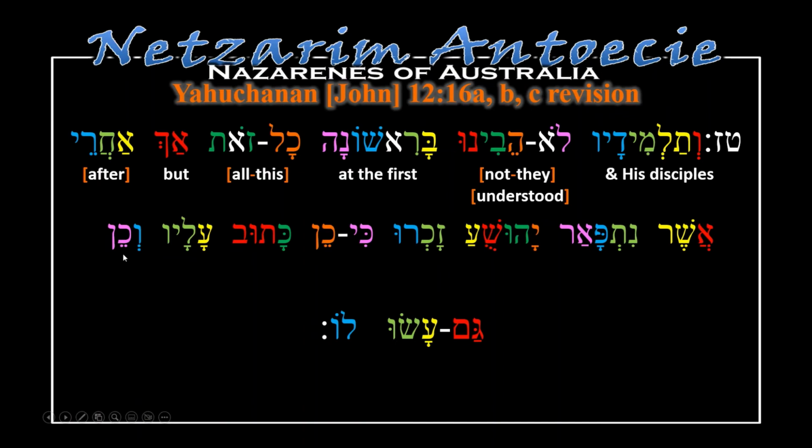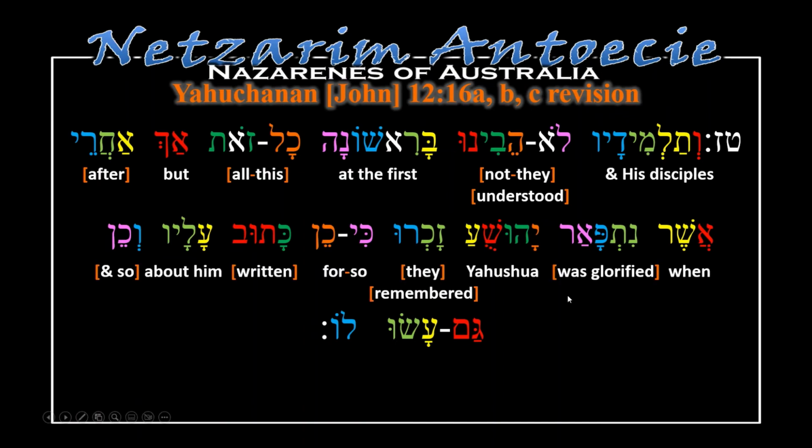Ve'ken, and so. When Yahushua was glorified, they remembered, for so was written about him, and so. Gam, also, asu, they did, or they had done, lo, to him. Also they had done to him.